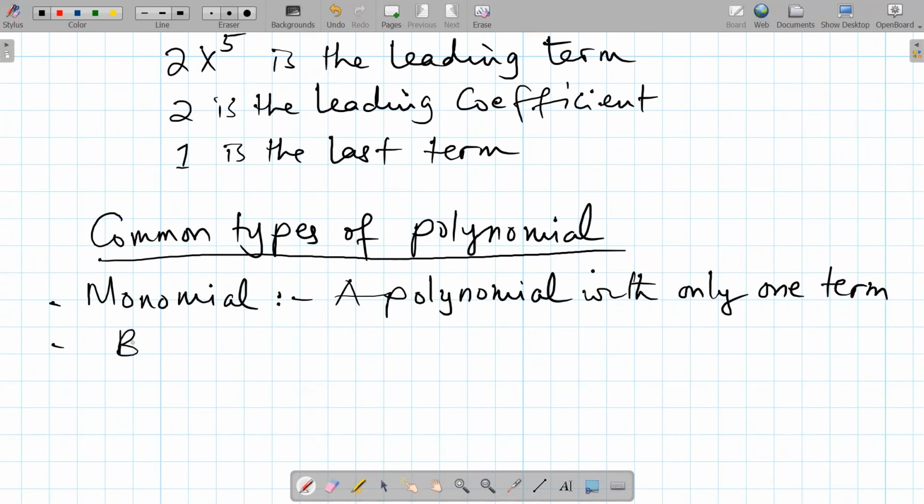Then we have a binomial. That is a polynomial of 2 terms.